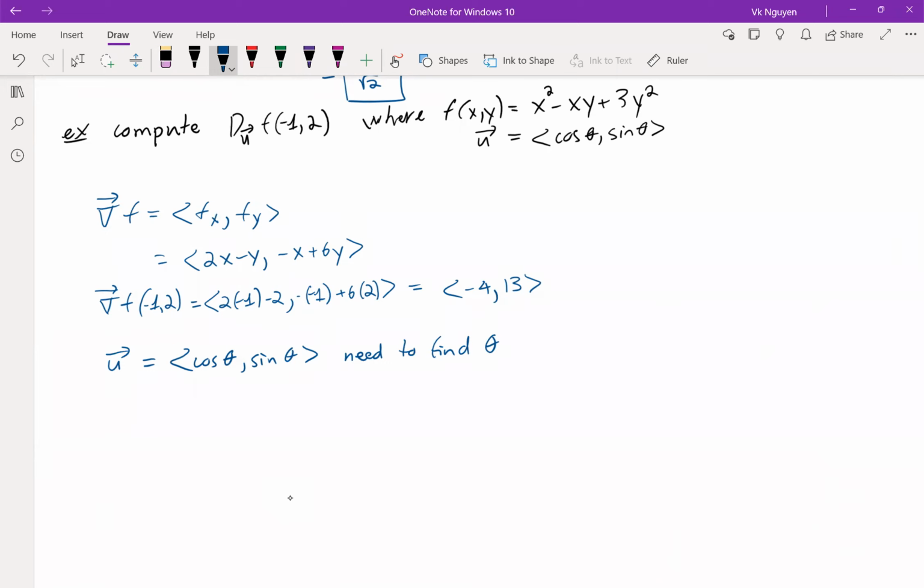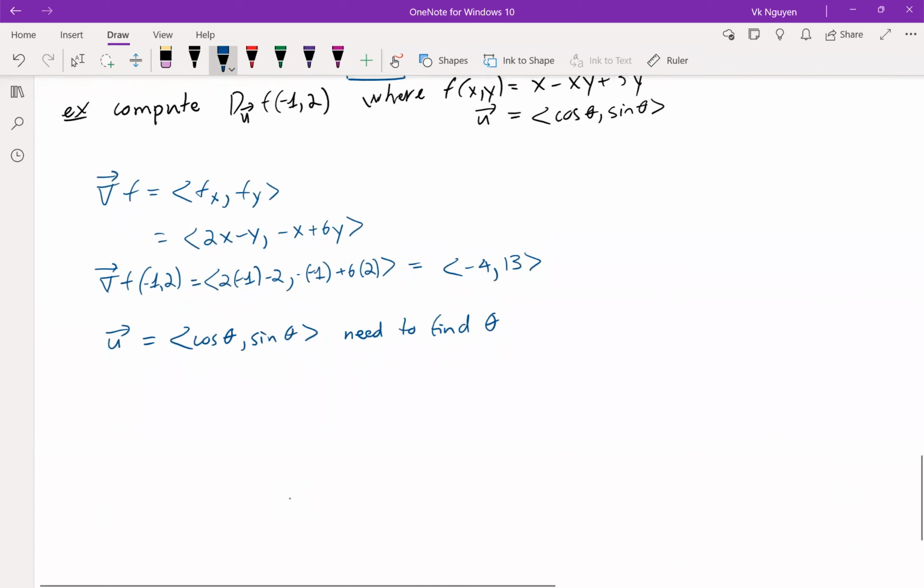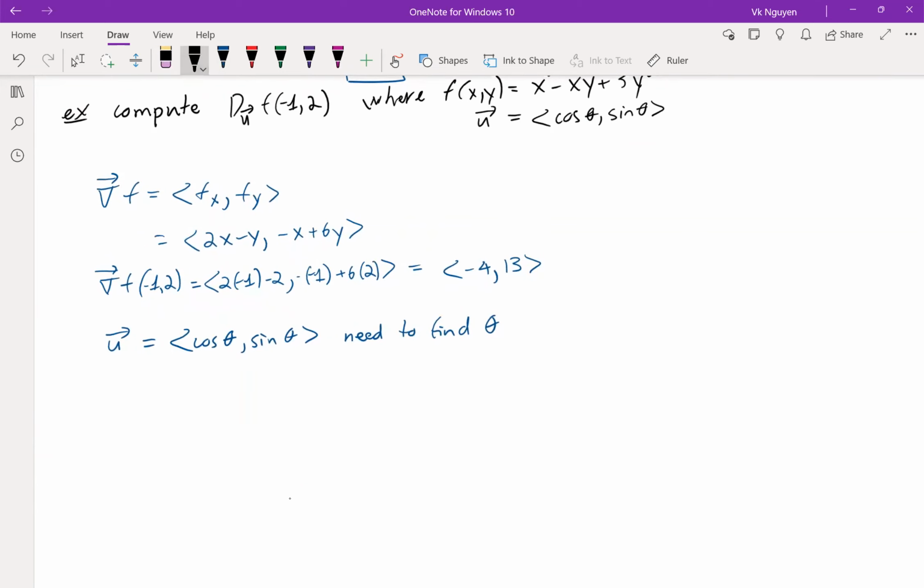There's another trick that you can do. x equal -1, y is equal to 2. So this is the angle theta right here.